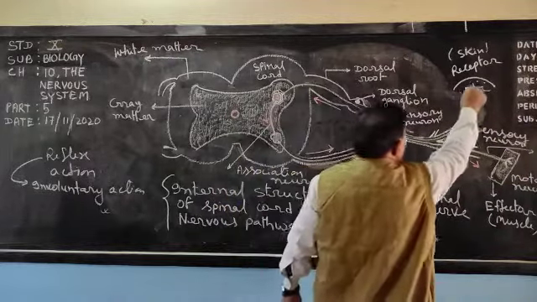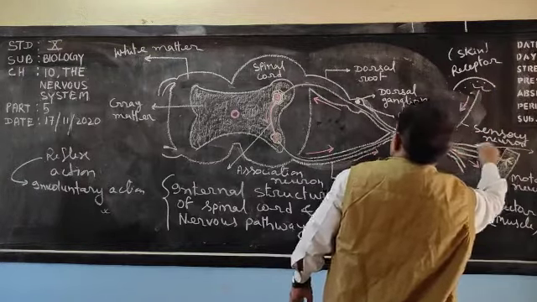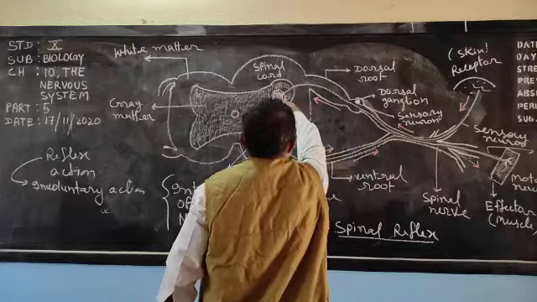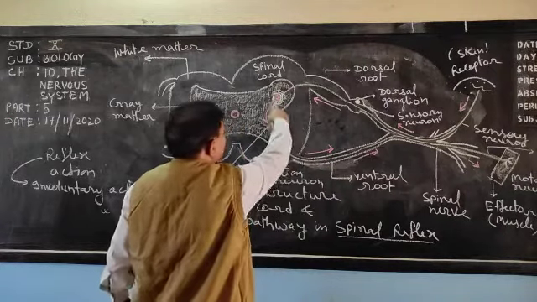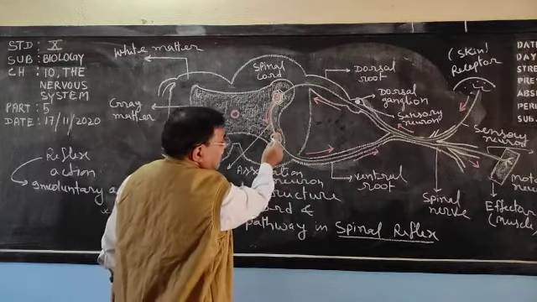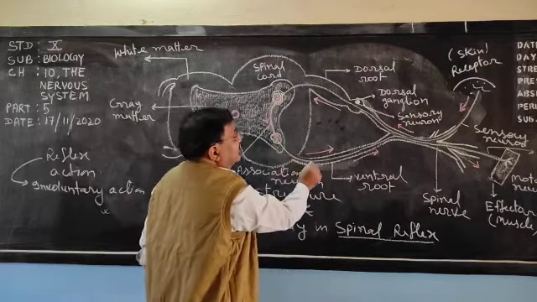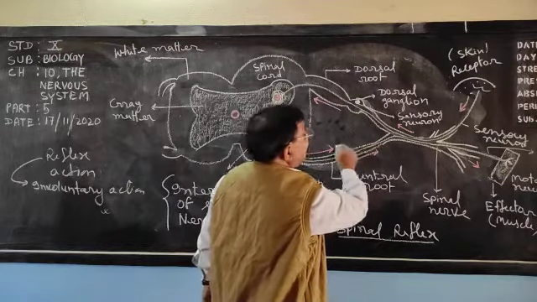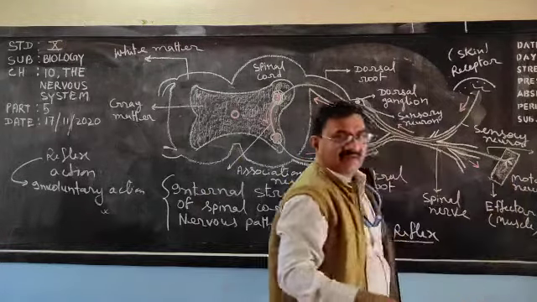That impulse from the skin goes through the sensory neuron to the spinal cord, and the sensory and motor neurons are connected by the association neuron. Again it goes to the motor neuron, and the motor neuron brings the impulse back to the effector.